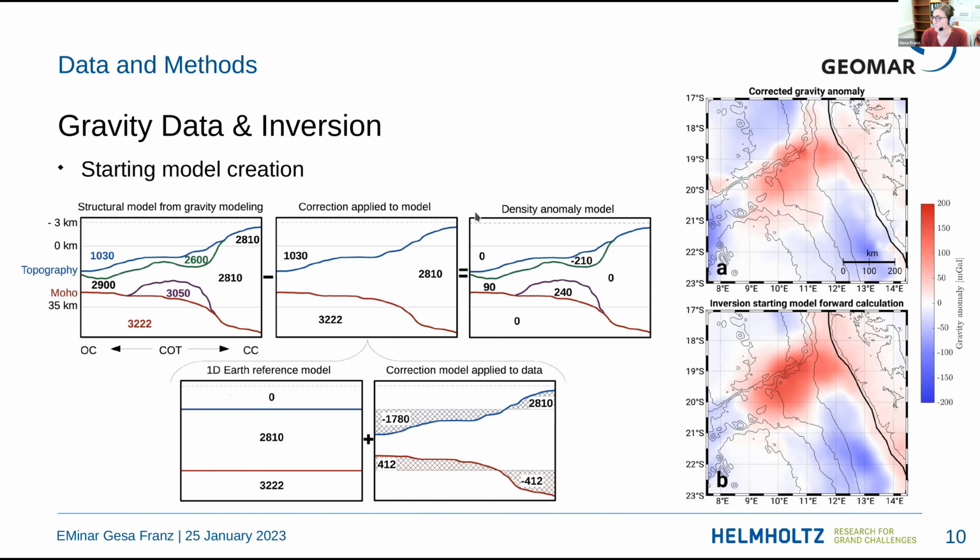And with that, we have a density anomaly model that we can use as an input, as a starting model. And here on the right-hand side, you just see a forward calculation at the bottom of this starting model compared to the input data. And we see that we already have kind of the large-scale anomalies, like this big positive anomaly at the landfall of Walvis Ridge, and then negative anomaly here in the deeper sediment basins or in the oceanic domains.